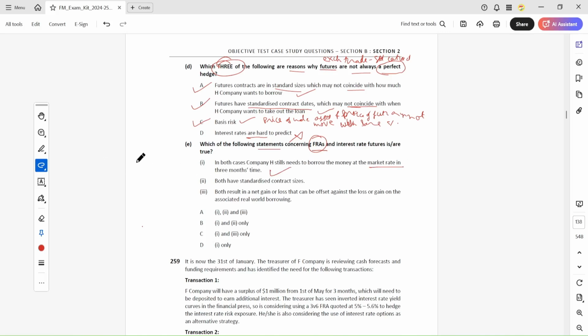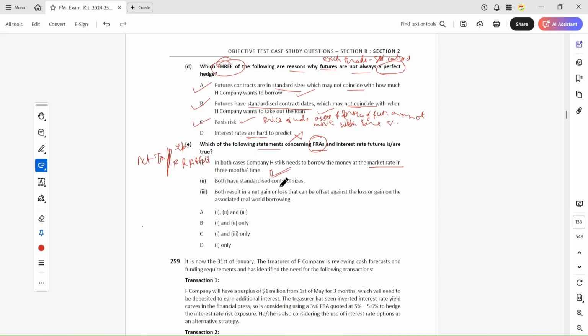Yes, because the FRA and the future are separate transactions. The actual transaction is separate and these derivatives are separate, so we still have to complete the actual transaction.